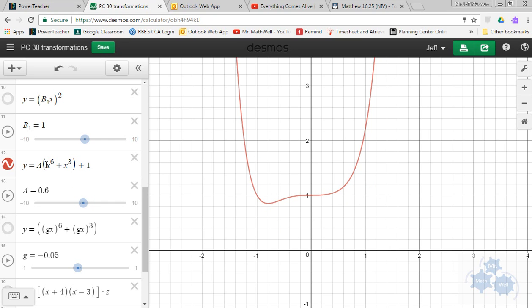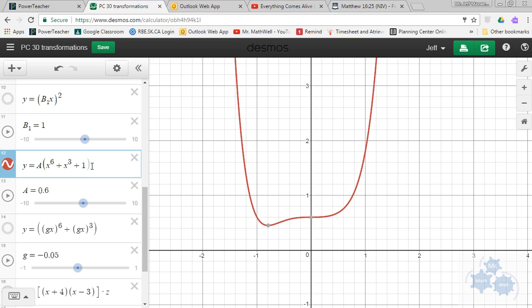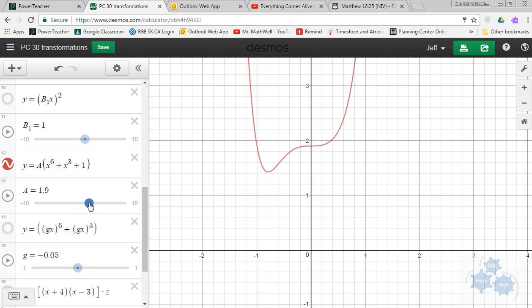Now, if this A value was applied over the entire thing, including this plus 1, what would that look like? So let's do this. Okay, now, and again, let's just see. So what's going to happen? Whoa, look at that.